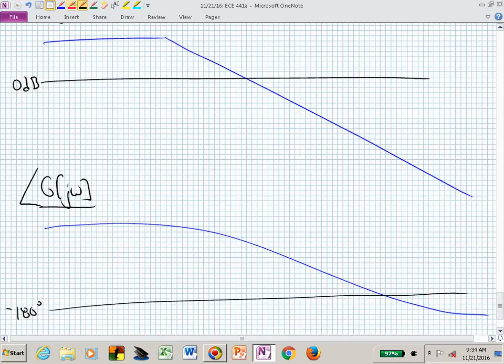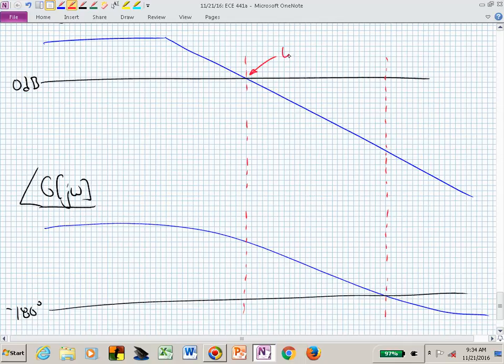And where those particular magnitude and phase points cross those magic places, one where the magnitude is 0 dB and one where the phase is minus 180, we give those particular frequency descriptions. This is now omega sub g.